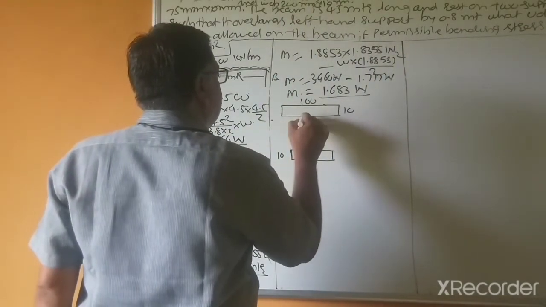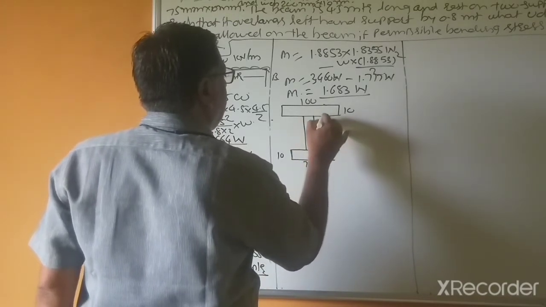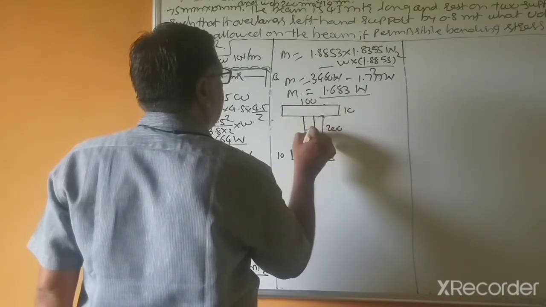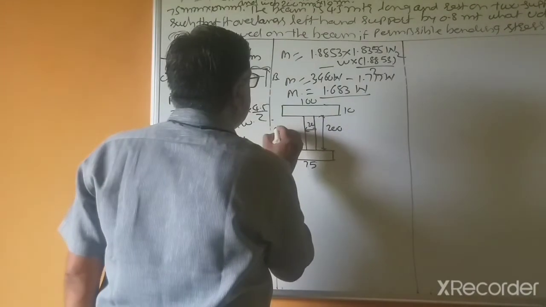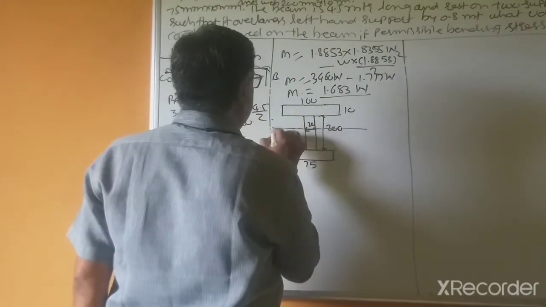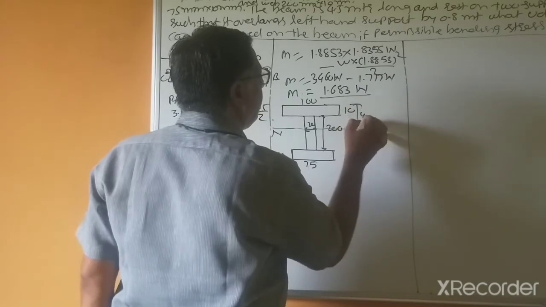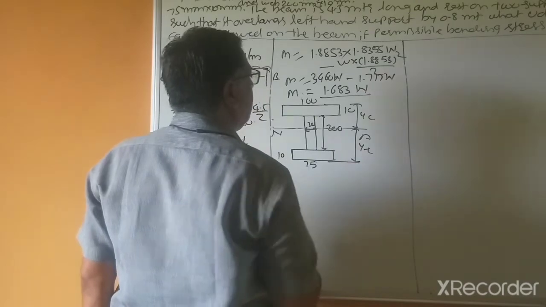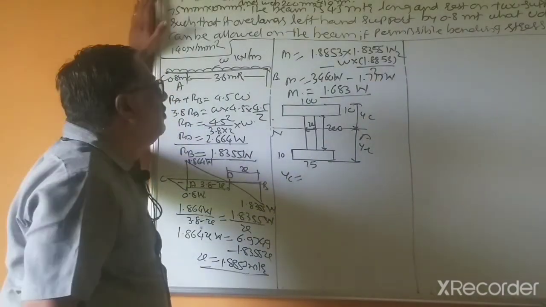So again this is 200 mm and this is 20. So definitely, this neutral axis, this distance is small and this distance is greater, yt. So that's why we'll calculate first yc.